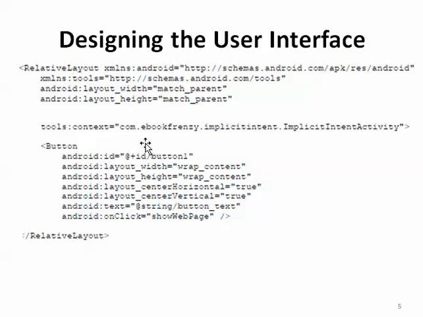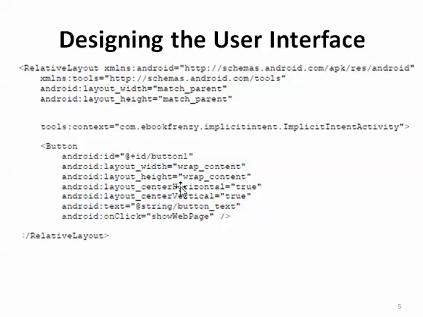Instead of displaying a text view, in this case we're going to have a button, and here the button is going to be called button 1, and you see here are things that we already used, the width, the height, and now it says it's going to be centered, and it's making a reference to the string XML file, and this is going to display whatever text we have in the button text.